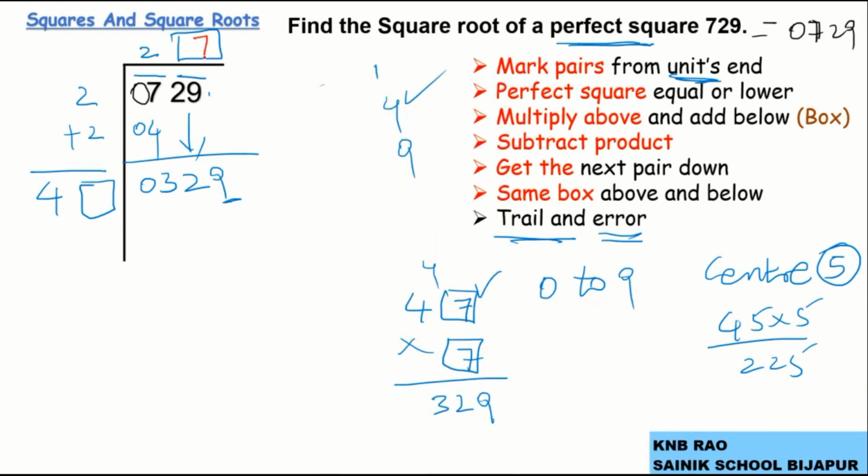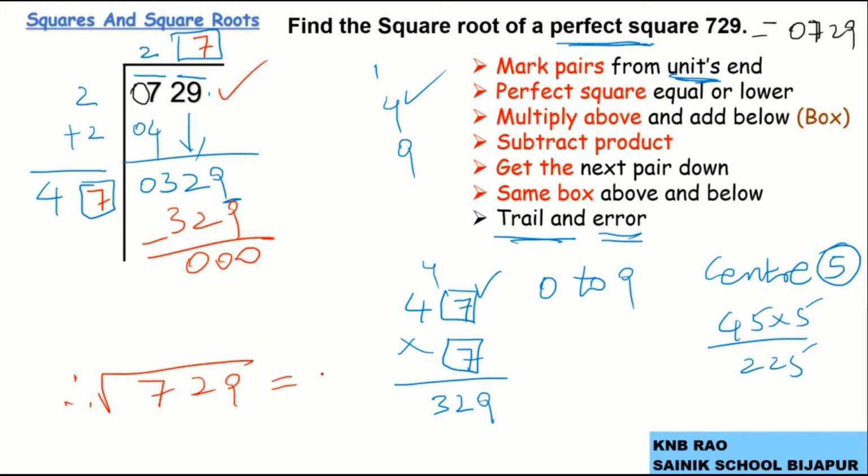So 47 7s is 329. So 329, when it is subtracted from 329, gives me 0. That means the given number is a perfect square. We are already told that it is a perfect square. So square root of 729 is 27, which we got as a quotient here.